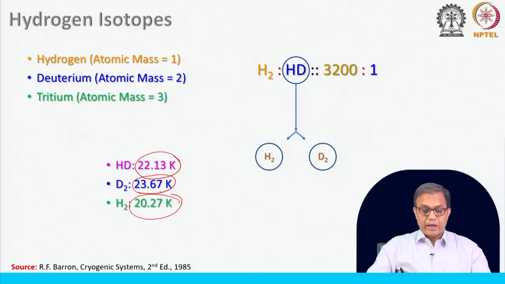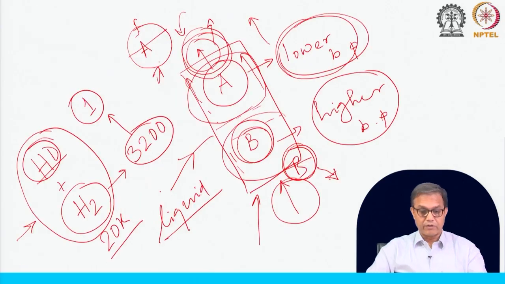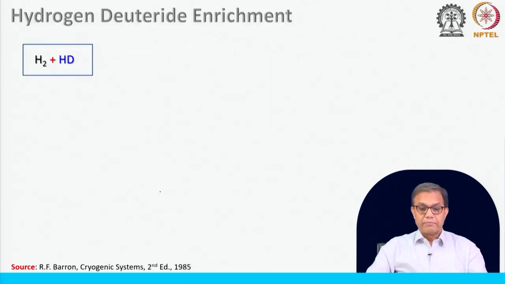So, assuming that the heaters are easily available and we have the refrigeration process available around 20 K, we can now look into the enrichment process of hydrogen deuteride and then the hydrogen deuteride separation.